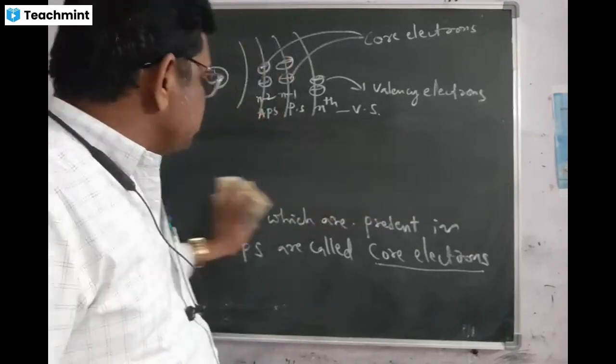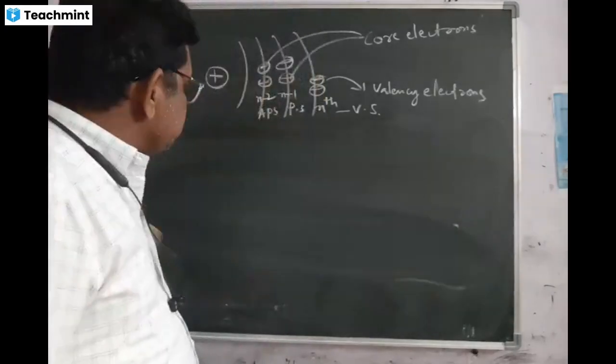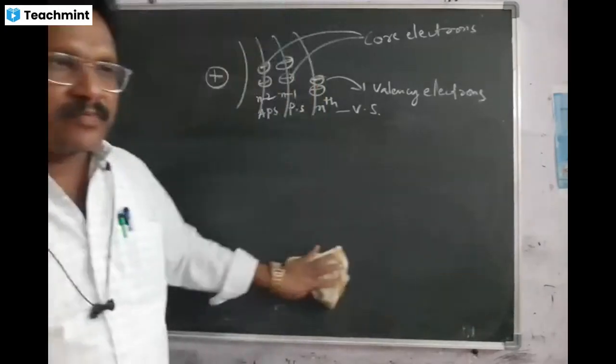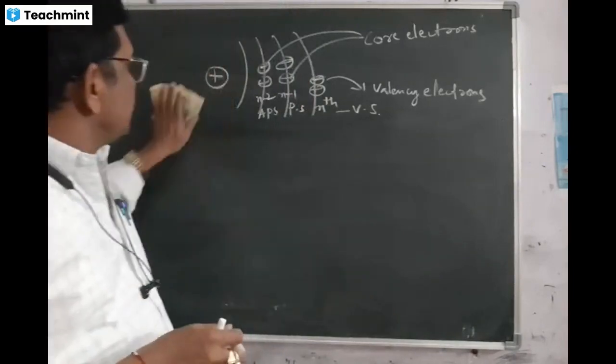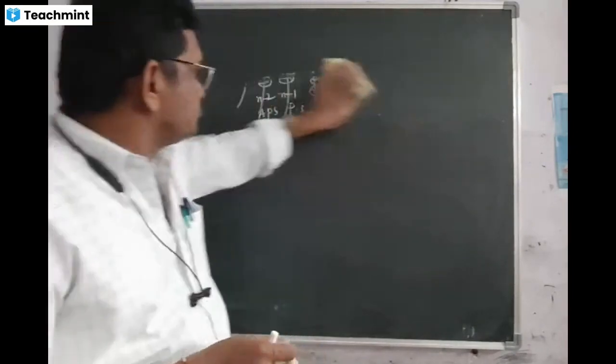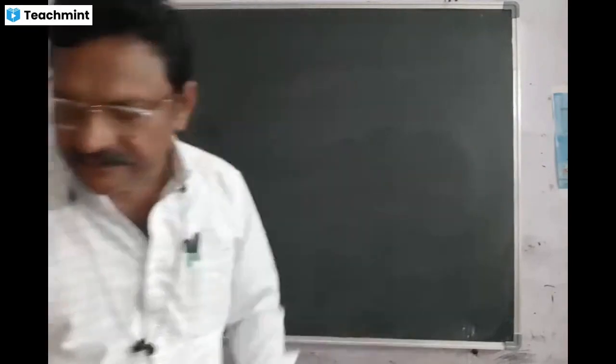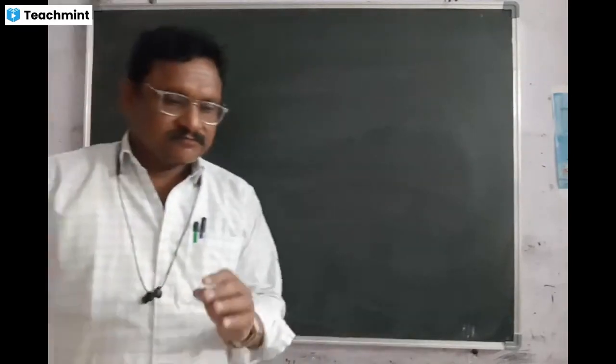Okay. After understanding the valence cell, penultimate cell, and anti-penultimate cell, now we are going to understand the concept of electronic configuration.